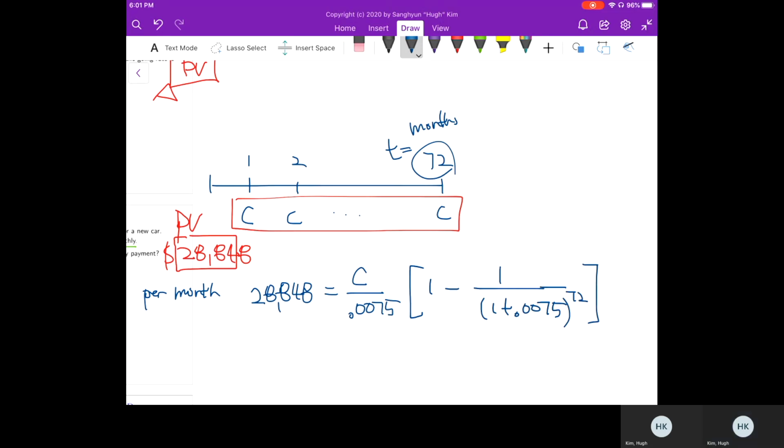And C is the unknown in this equation, so we can solve this equation for C. Let's do this.